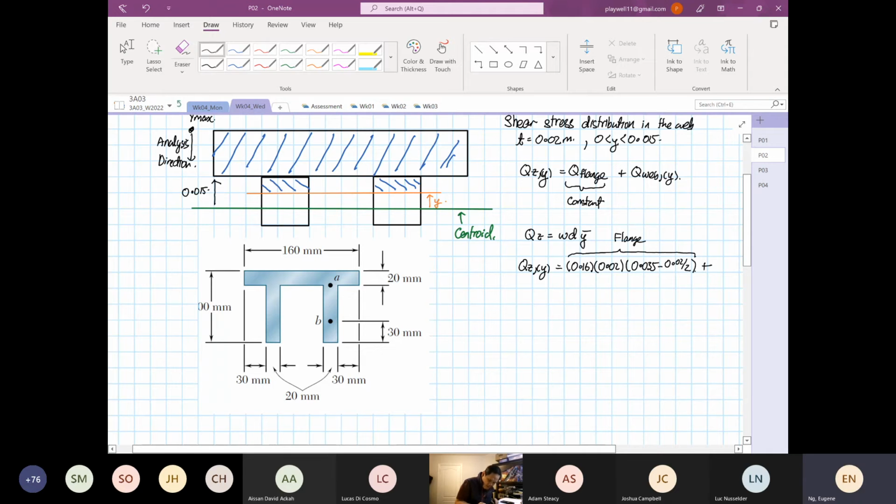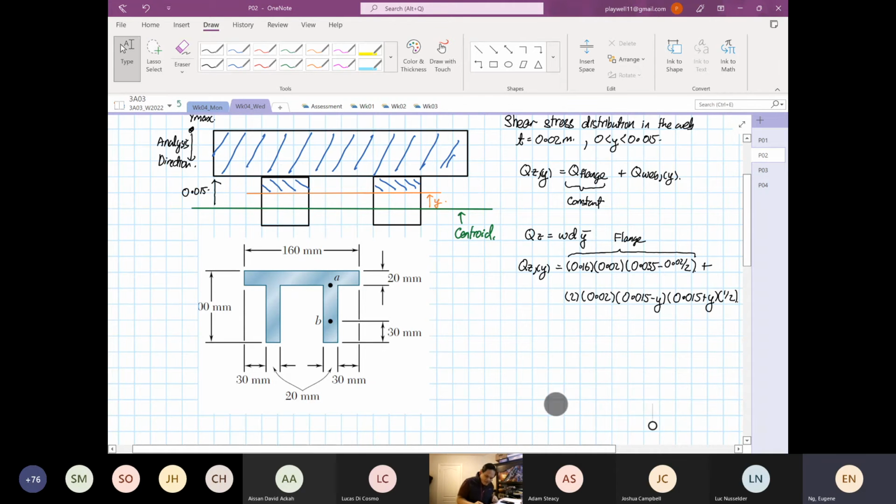Then plus, next we are going to do the web. So you have 2, the width is 0.02. The depth is equal to 0.015 minus y. And then the y bar is 0.015 plus y, multiplied by half.